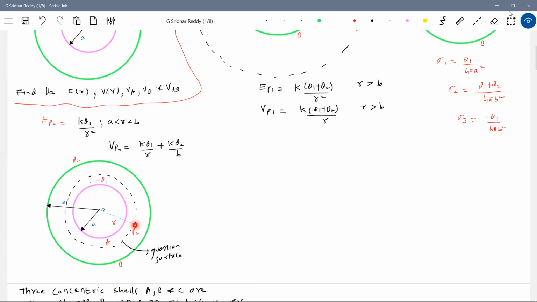Then point P2 lies inside the shell, and what is the potential inside the shell? That on the surface. Anybody having doubt, please clarify. Strictly there's a condition for R. R should be less than B and greater than A. Okay, so this is about the potentials.